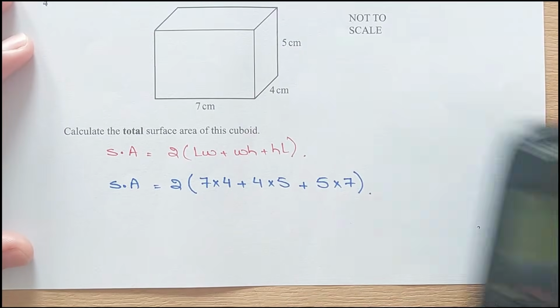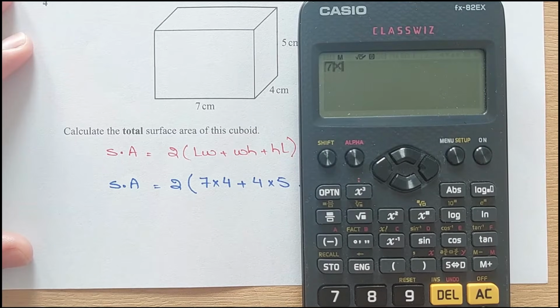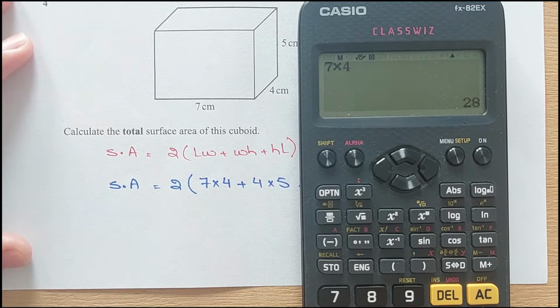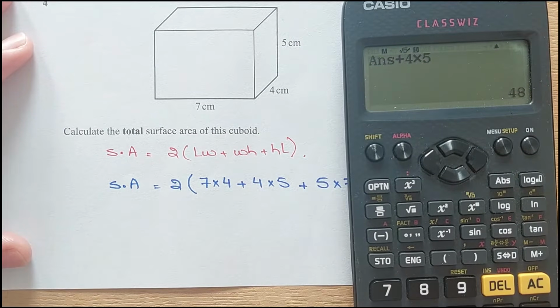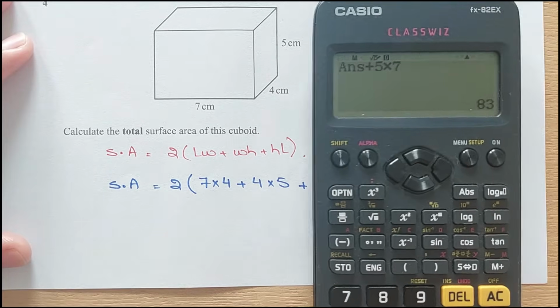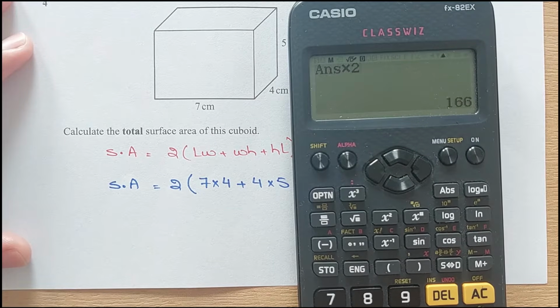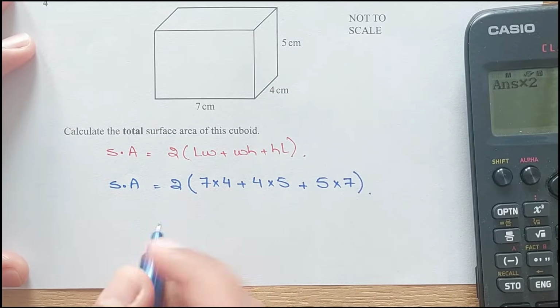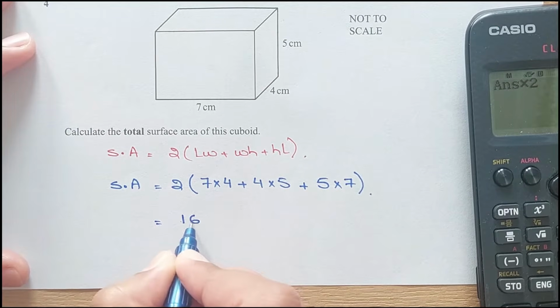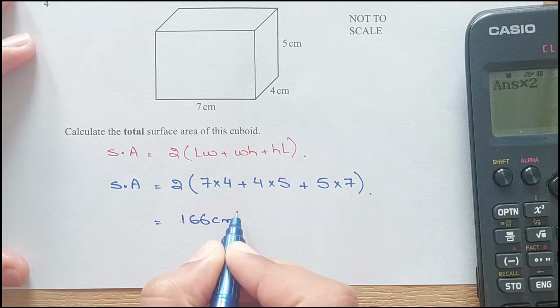Let me calculate: 7 times 4 is 28, plus 4 times 5 is 48, plus 5 times 7 is 83, times 2, this is 166.